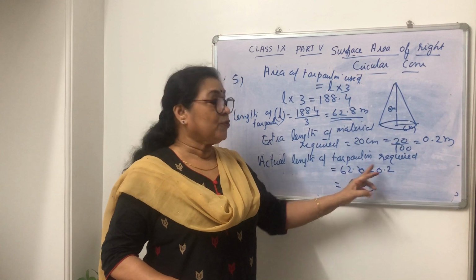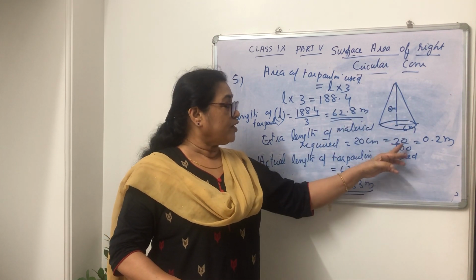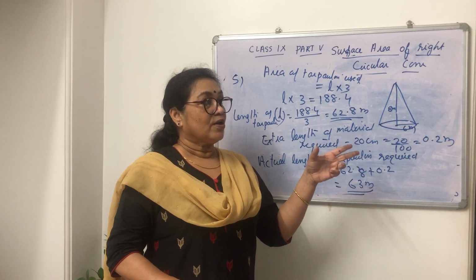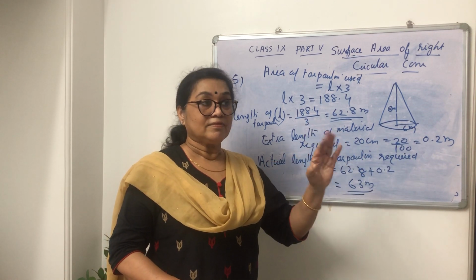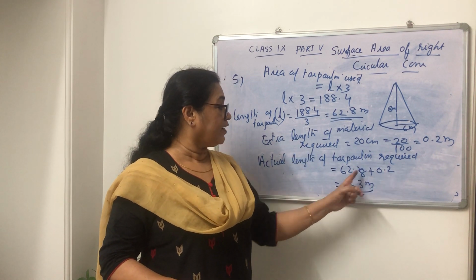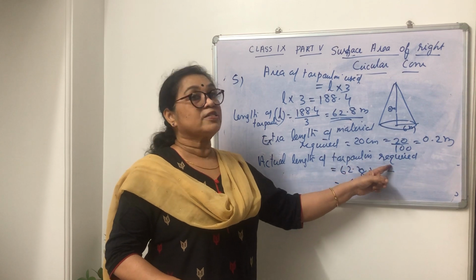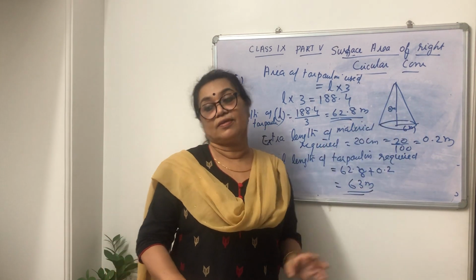Why is 0.2 added? Because while making this tent, this 20 centimeter is cut and wasted. That is the wastage, and it should also be added. 63 meter tarpaulin is required to make this tent.